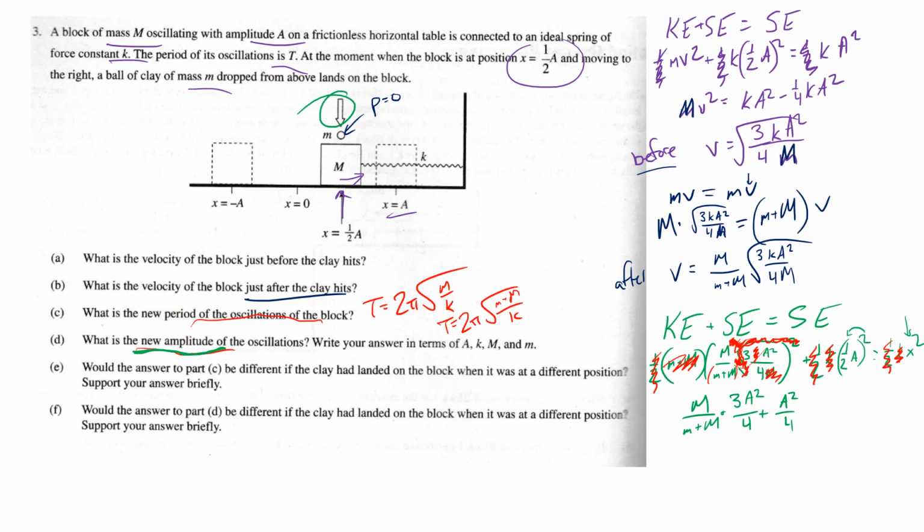And that's going to equal x squared, so I'm going to square root this thing. So that is equal to x. That is the maximum displacement, or maximum amplitude.